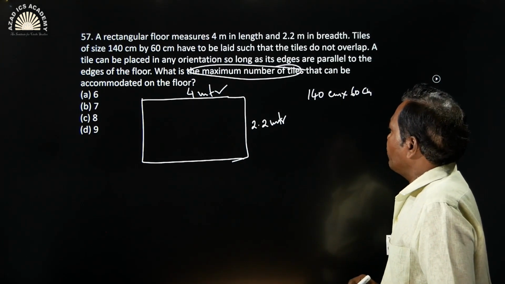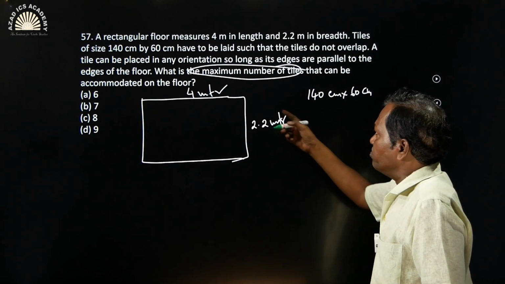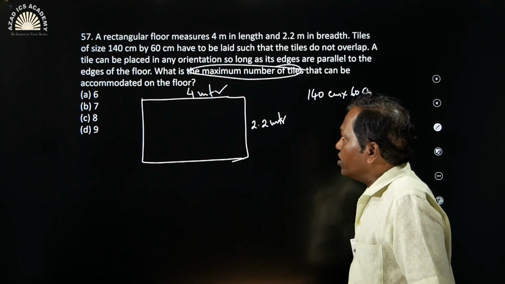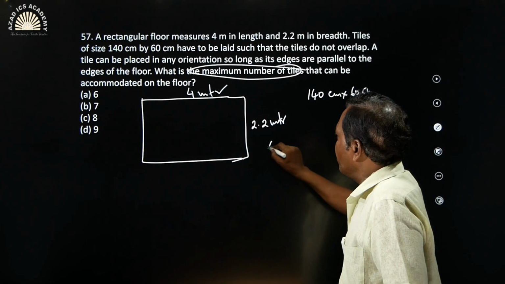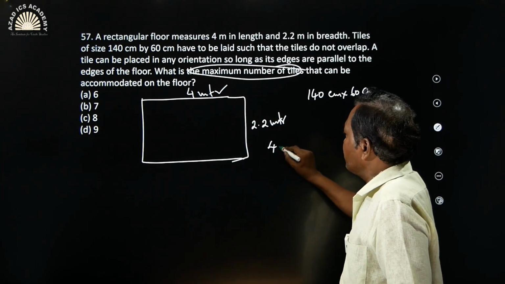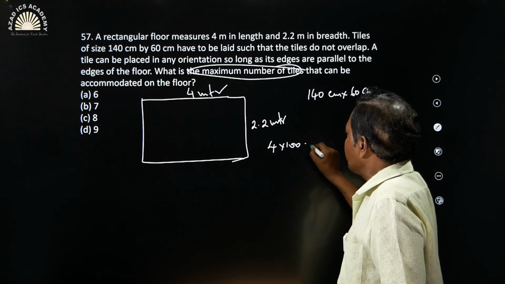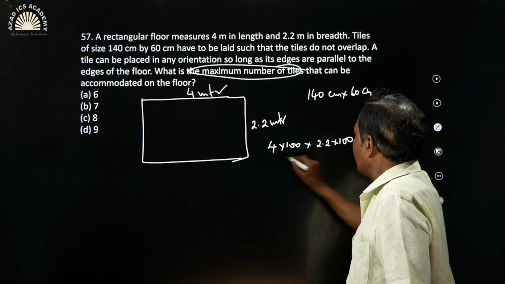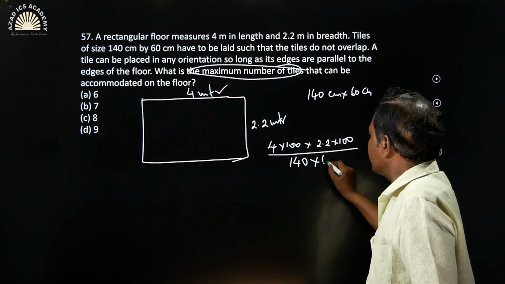Fine. Now let us see, the tile sizes are in centimeters and the floor is given in meters. First, meters can be converted into centimeters. What is the formula for the area of a rectangle? Length into breadth. Like 4 into 100 into 2.2 into 100, divided by 140 into 60.